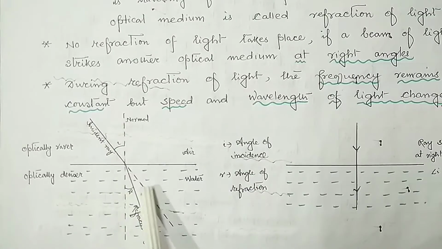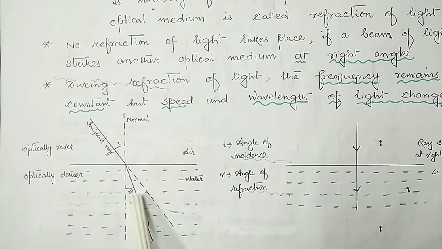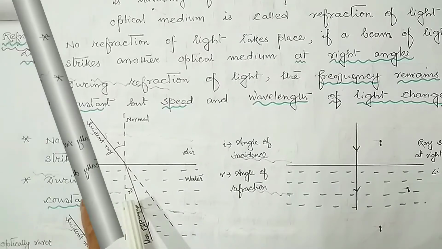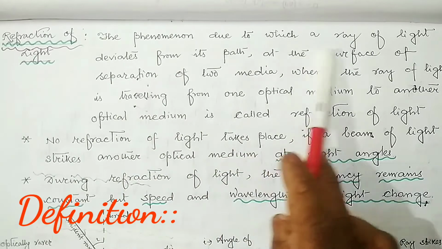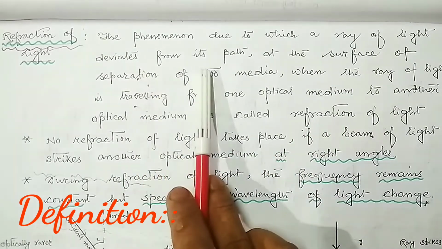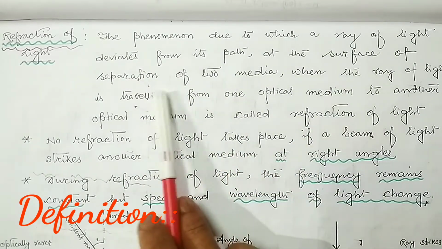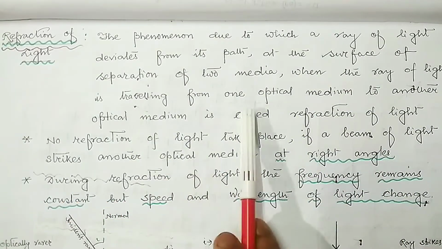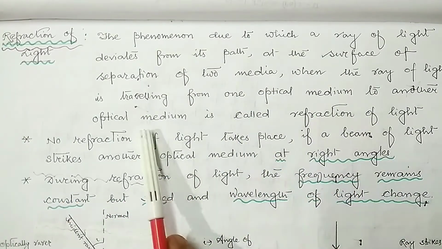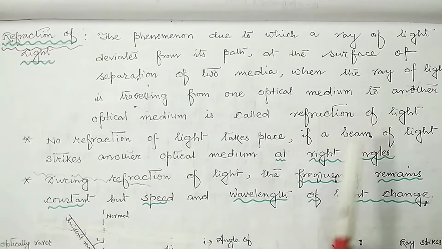It will deviate from its original path. This phenomenon is called refraction of light. Definition-wise, we can say the phenomenon due to which a ray of light deviates from its path at the surface of separation of two media when the ray of light is traveling from one optical medium to another optical medium is called refraction of light.